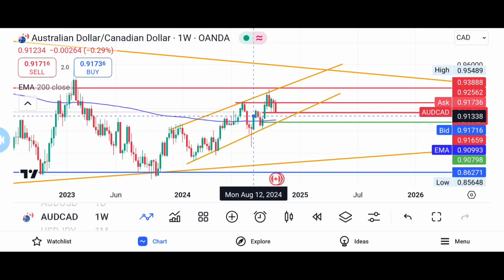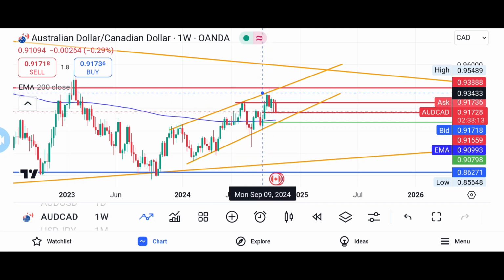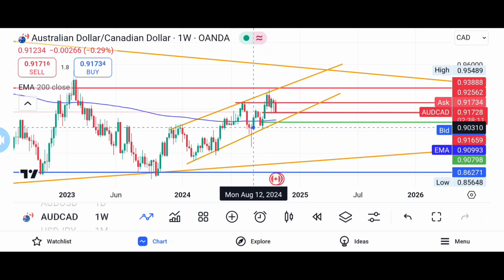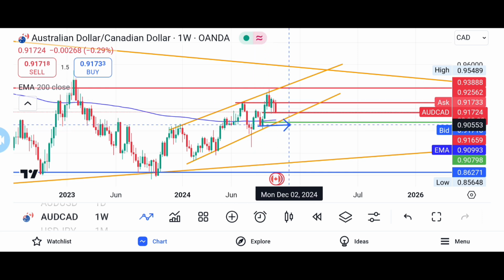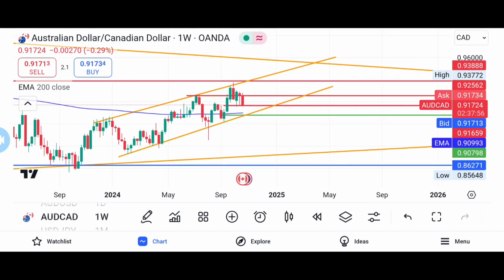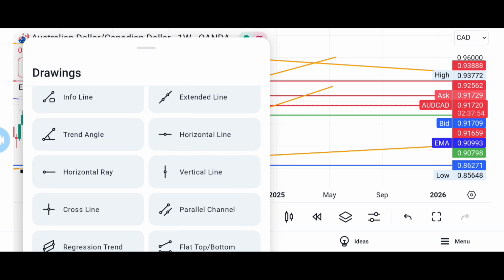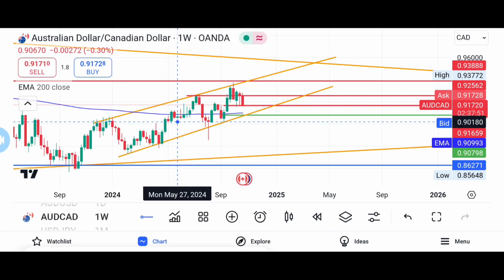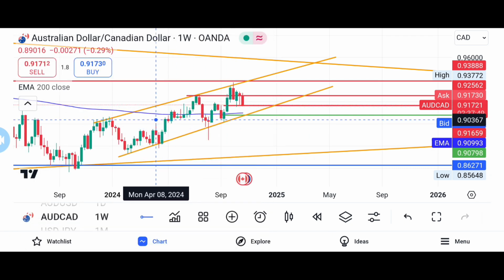So let us see. This is our current low. This is our current high, and this is our current support. Are we together? So if you can draw it like that, let me draw a blue line to represent support there.